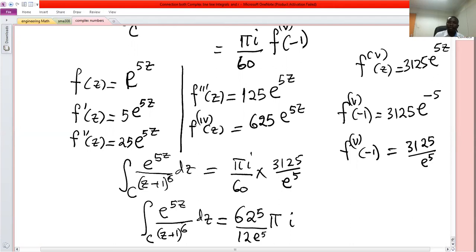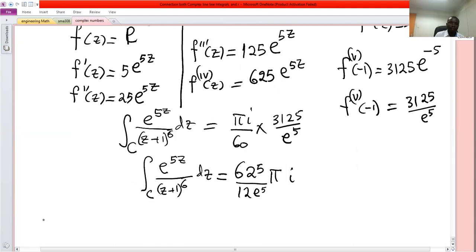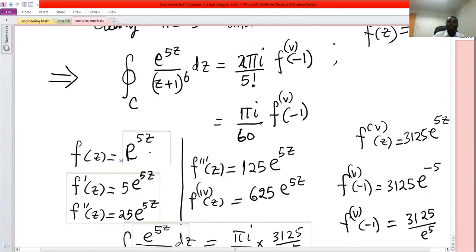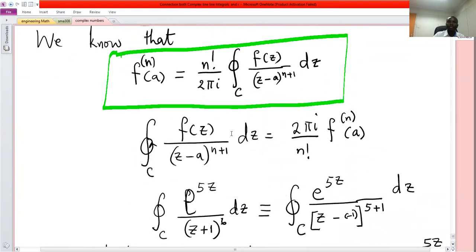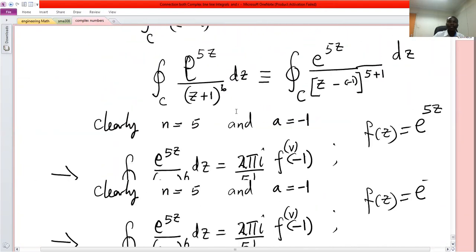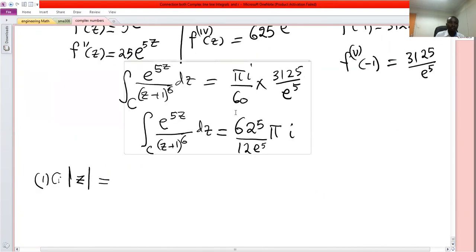So for part 1, if they specify that the curve C is the circle given by radius, remember, the first value of this radius is 3.